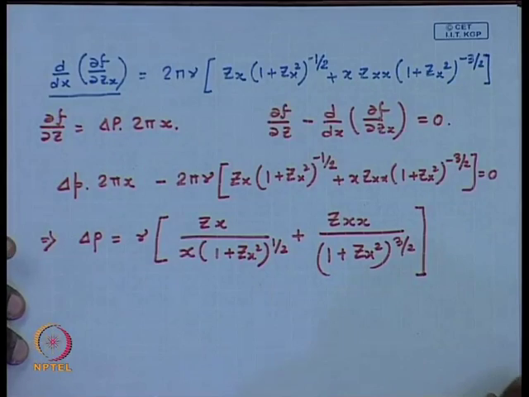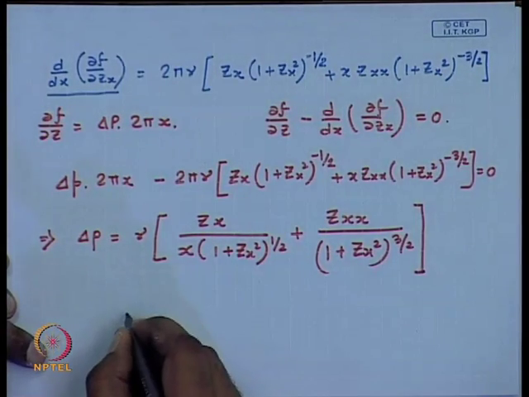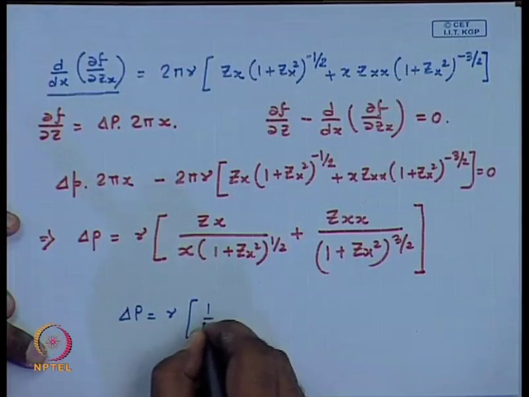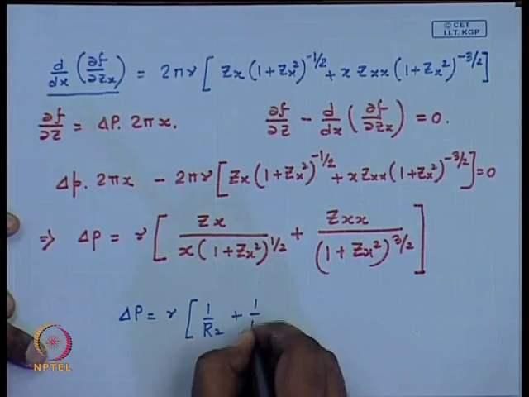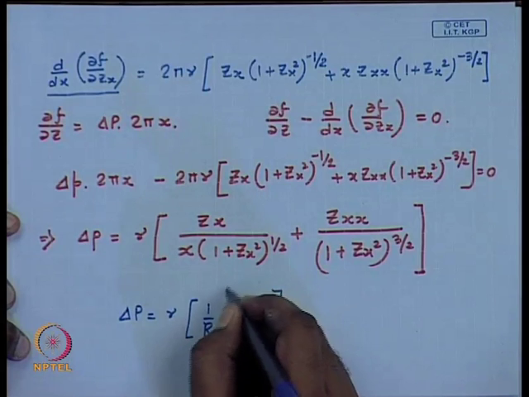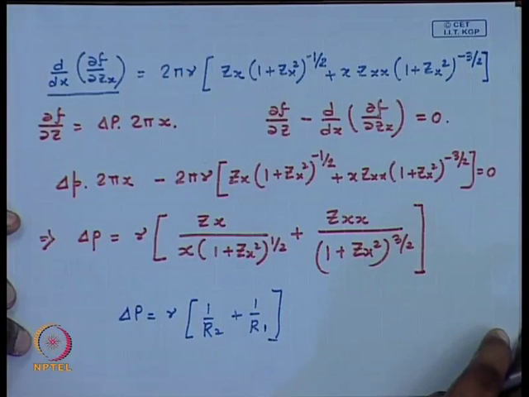So, now if you look at the expression, this is of the form... right. So, essentially these two rather jumbo looking terms give you the two orthogonal curvatures.